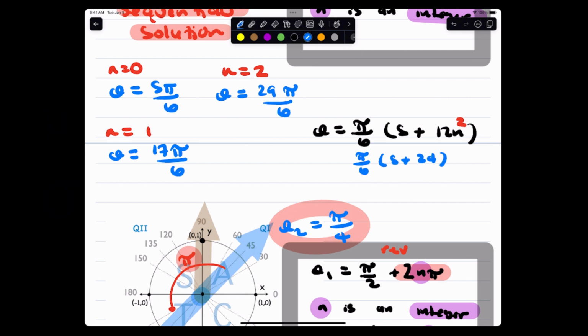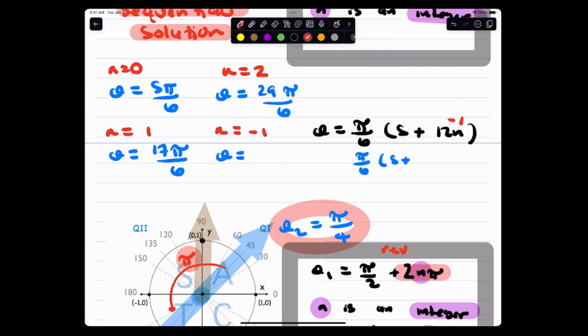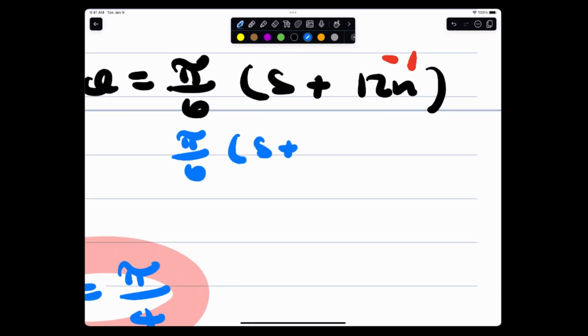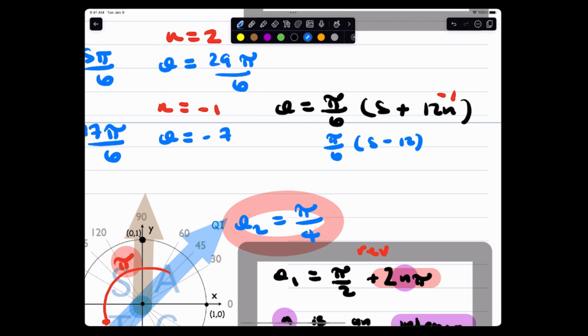So I can generate solutions here. Change n. n will be negative 1. If n is negative 1, what's 12 times negative 1? Isn't that going to be minus 12? What's 5 minus 12? Negative 7 pi over 6.